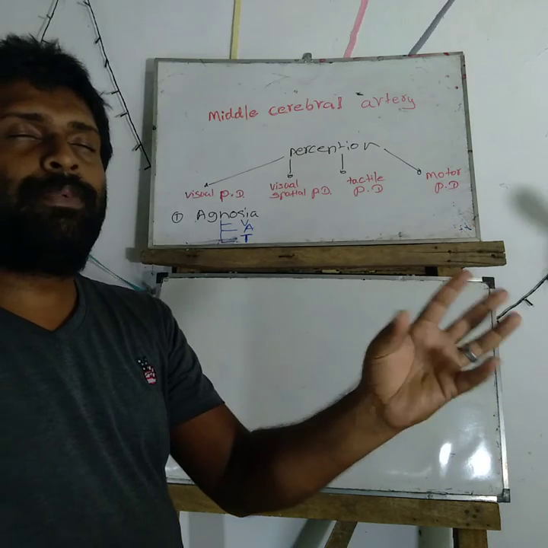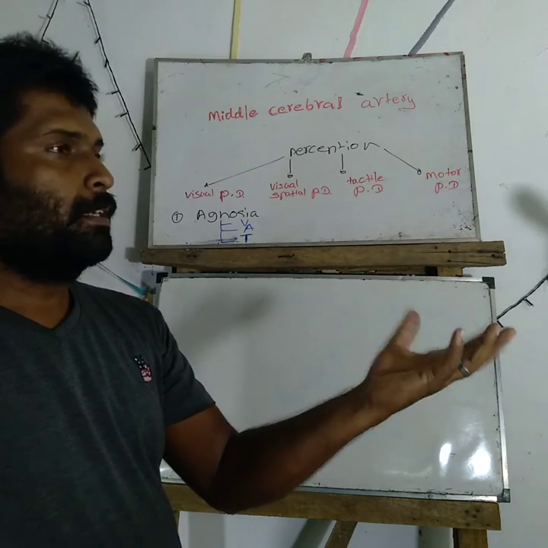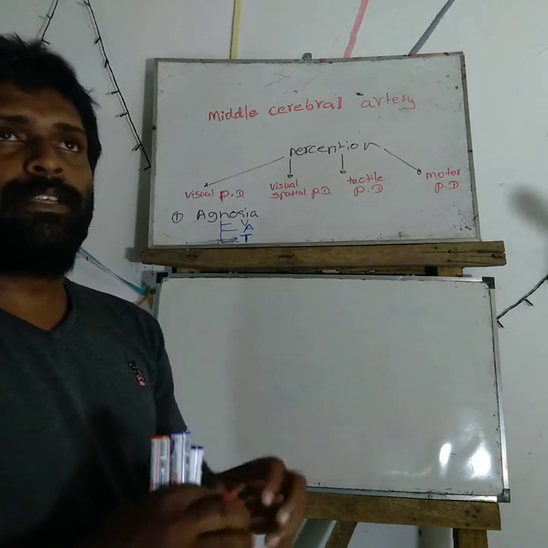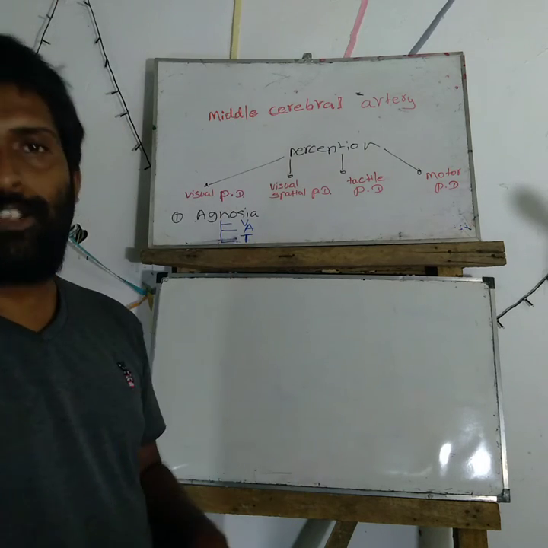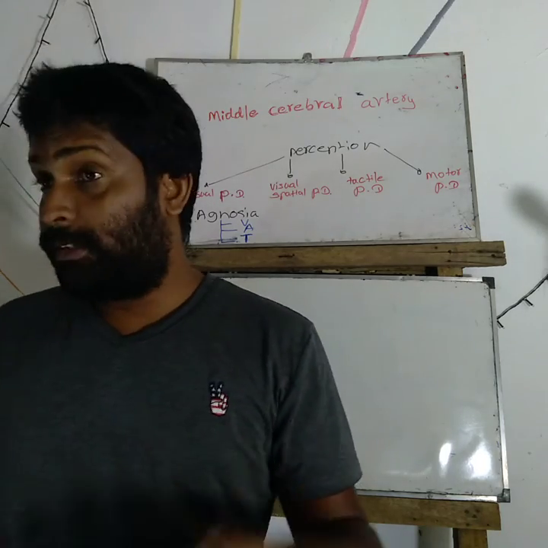When he takes the teacup, he touches it a little bit. He can't tell what this is. This is tactile agnosia, right? There are a lot of things here.